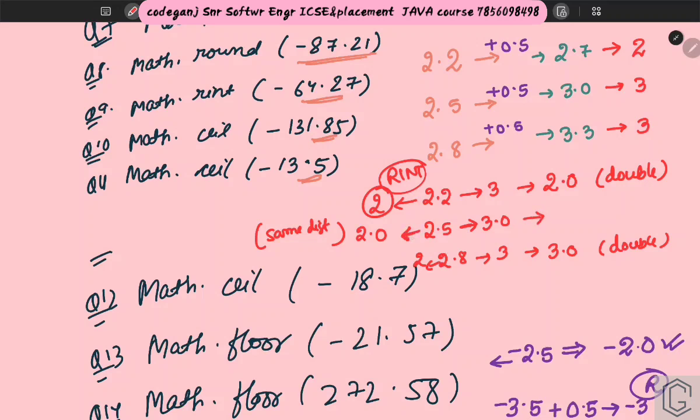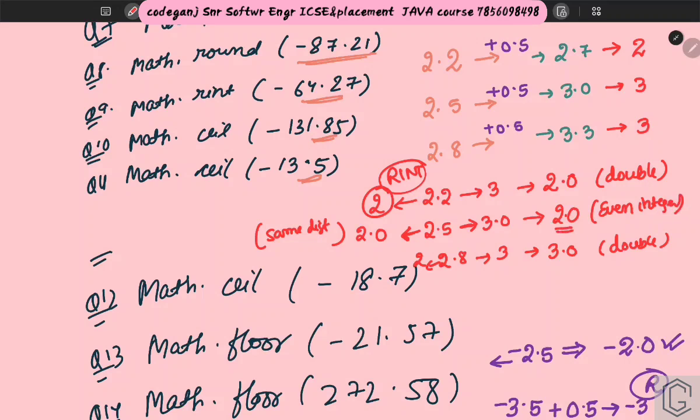If both the distances are the same, because 2.5 lies exactly between 2.0 and 3.0, you have to know one thing: when it is 0.5, exactly in the middle, it will go towards the even integer. When there is a 0.5 scenario, it goes to the even integer.